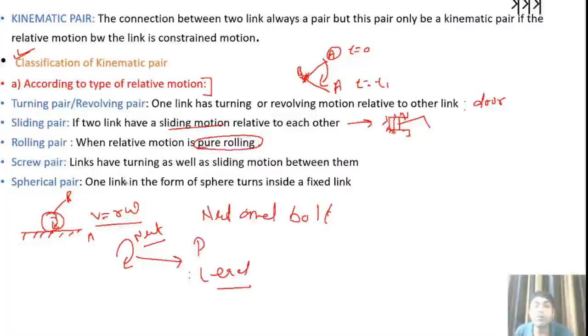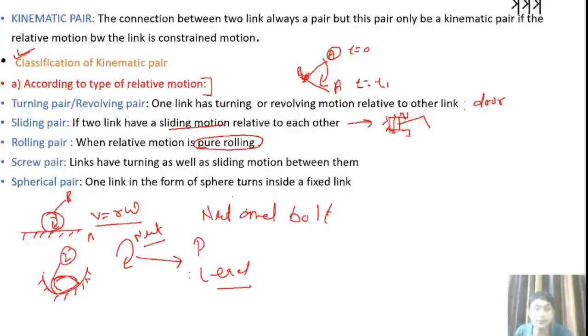Spherical pair, one link in the form of a sphere turns inside a fixed link. One link is in the form of a sphere. For example, like this, yes, this one, this two.